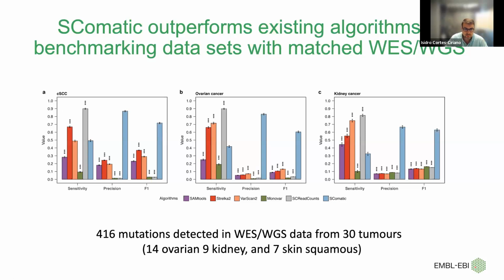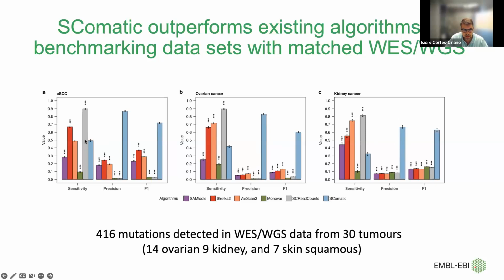Just upfront, these are the results of the benchmarking, where we compared the performance of SOMATIC, shown in blue here, against methods that are widely used for the detection of somatic mutations in DNA sequencing data, such as Strelka, as well as methods that have been specifically designed to detect mutations in single cell datasets, such as Monovar and SCReadCounts. What really stands out from this plot is that the blue bar, which is in the middle, corresponds to precision, and is significantly higher than the other methods.